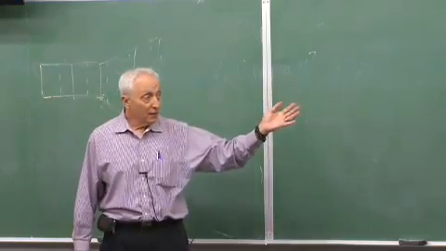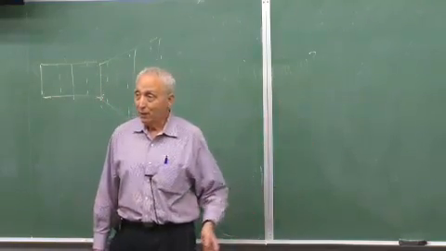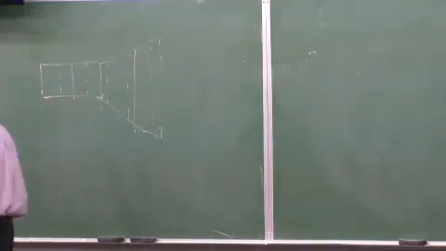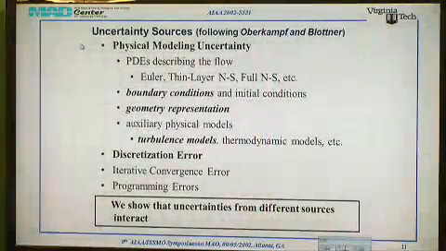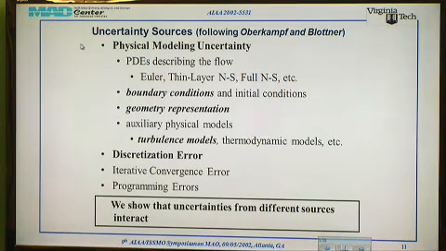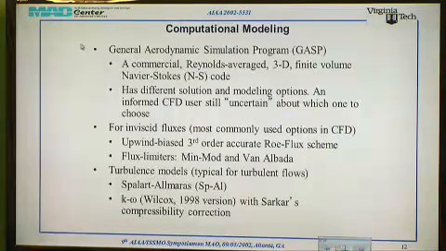And there is the discretization error and programming errors. And after going through this exercise, we don't really know if there are programming errors. That's an interesting question in itself.